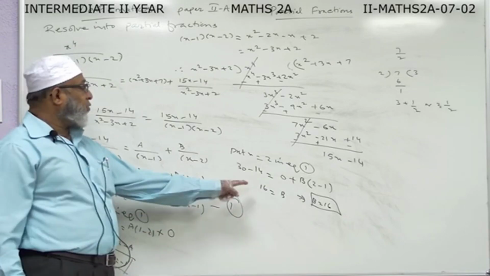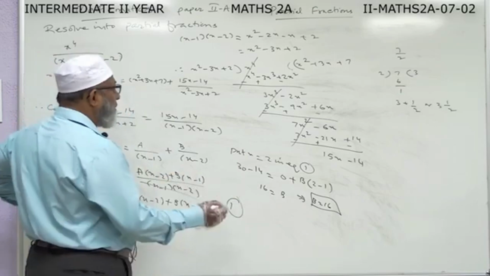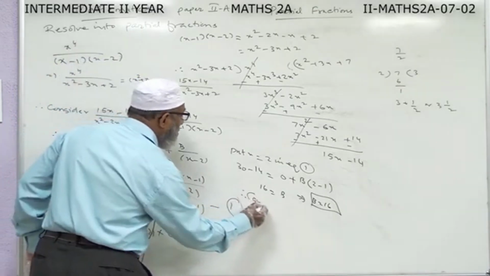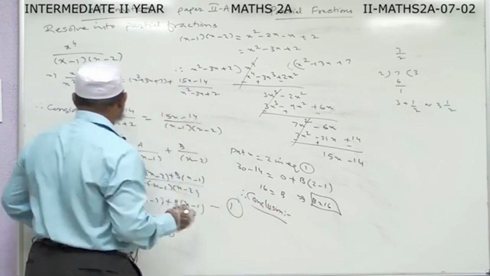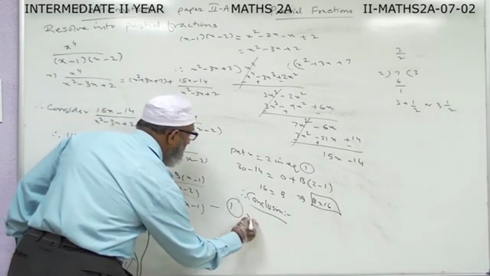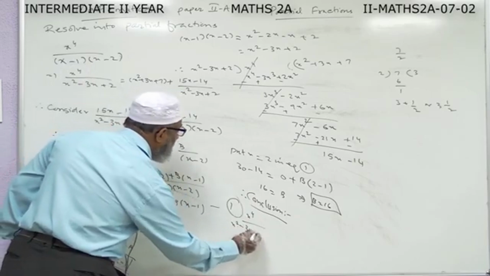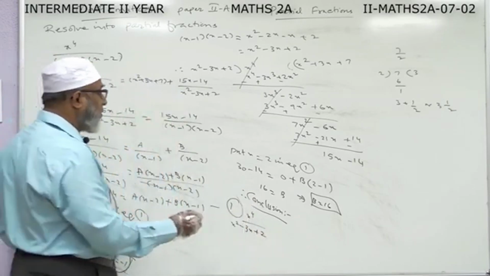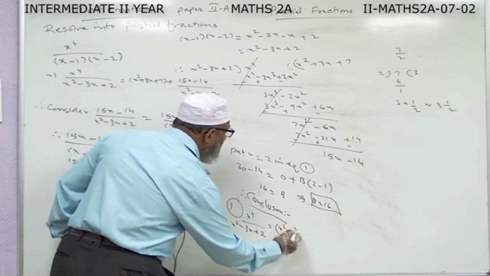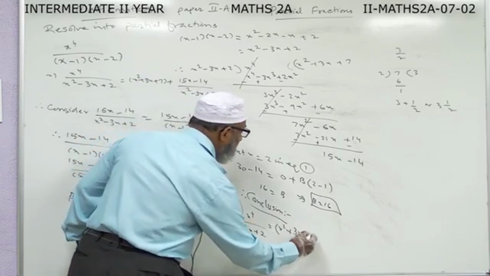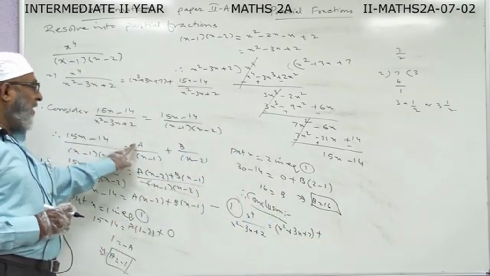Therefore, I have to substitute all these values here, keeping in consideration this also. Therefore, my conclusion is that x to the power 4 divided by x square minus 3x plus 2 is equal to x square plus 3x plus 7 plus, for this a, what is a?